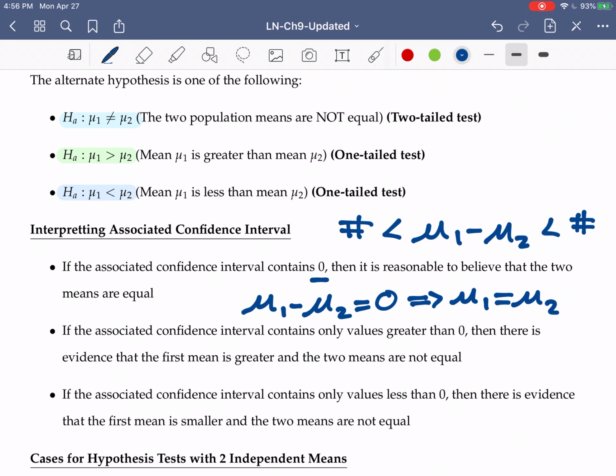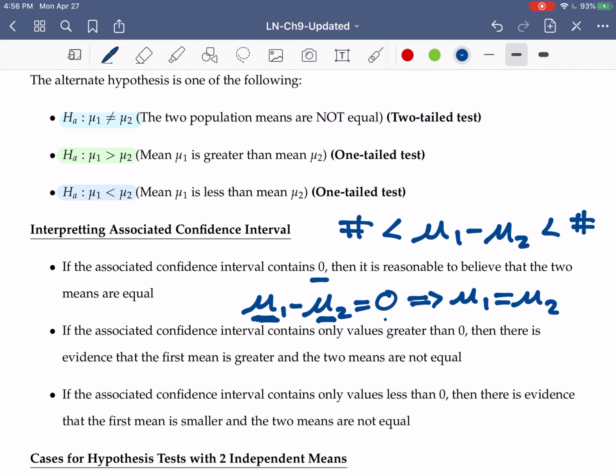Now, when we say that 0 is in that interval, we're usually saying there are values that are negative in this confidence interval and values that are positive. If it was positive, then mu1 would be the bigger value. If it was negative, then mu2 is the bigger value. And if it's 0, then they're the same.